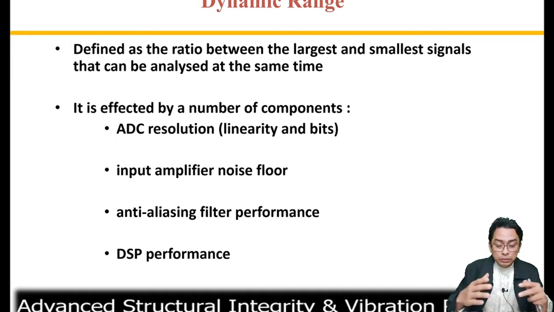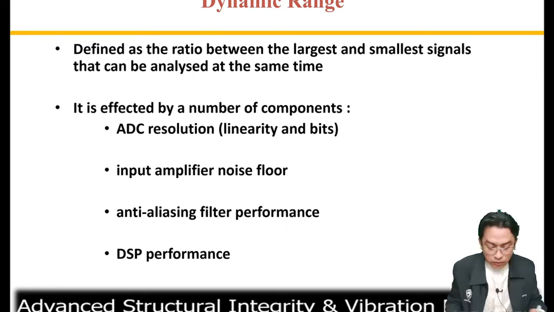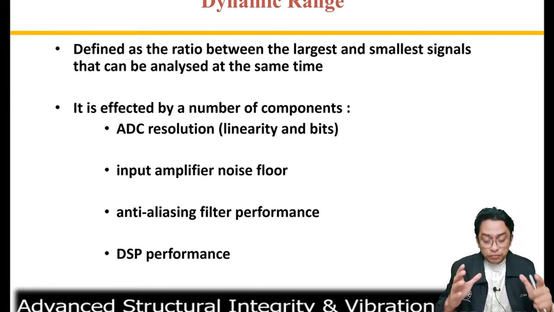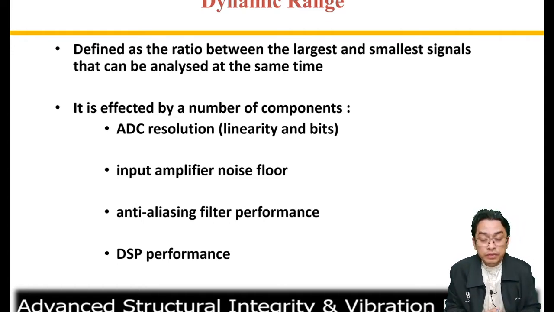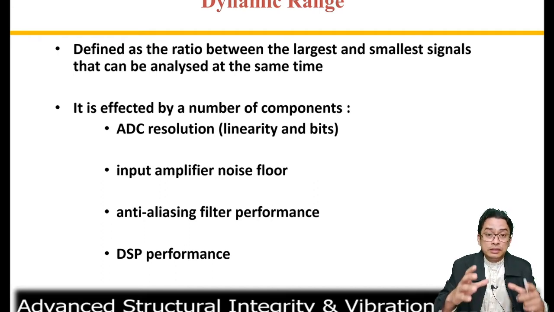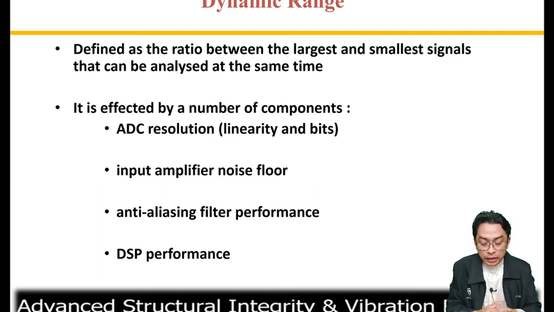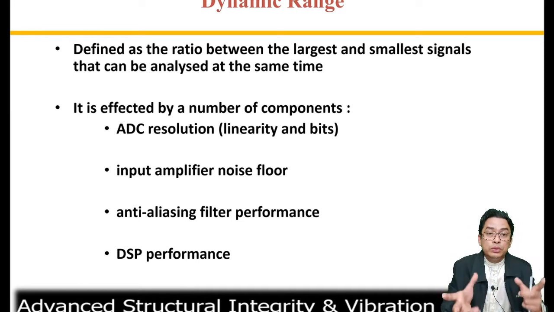All these 4 things affect the dynamic range of our data acquisition. So if we make sure these 4 things are set up properly, we can get quite a good dynamic range for the DAQ.